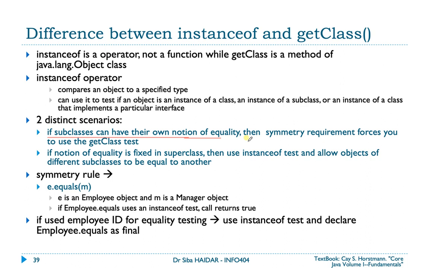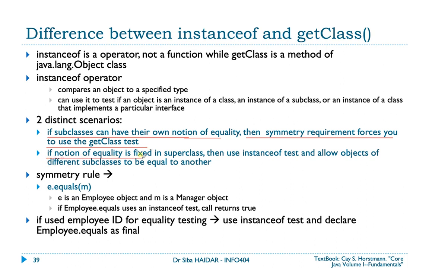Then we must be sure that they have the same class, okay? Then the symmetry requirement forces you to use the getClass test, because you cannot say if they are instance of Employee, then compare the bonus. This would not be possible because maybe they don't have a bonus field.